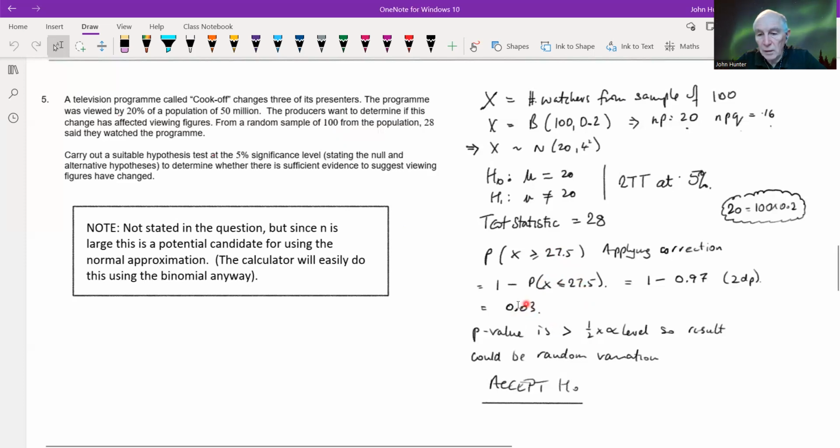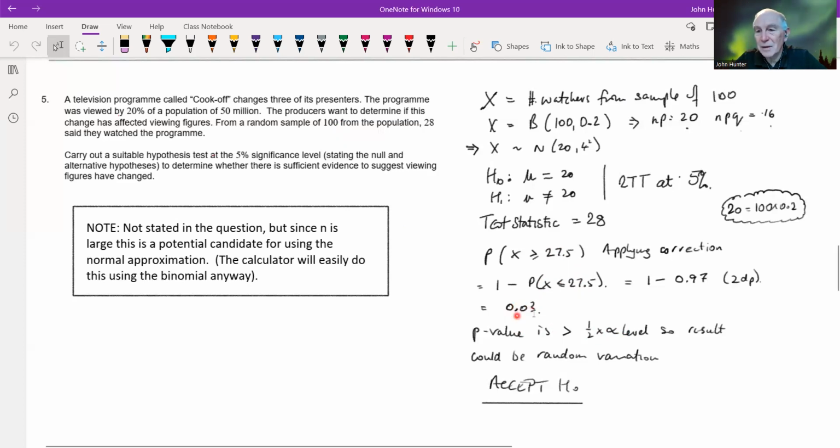So this p-value, given that our significance level is 5%, so half of that is 2.5% or 0.025, and 0.03 is greater than that. Basically, it's not low enough to cross the threshold into unlikely territory.